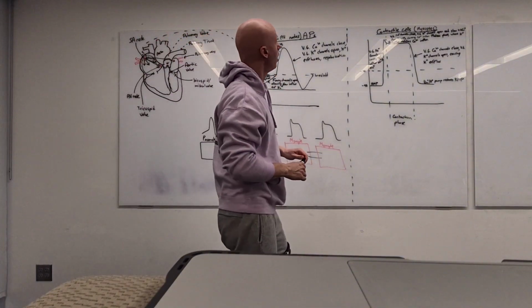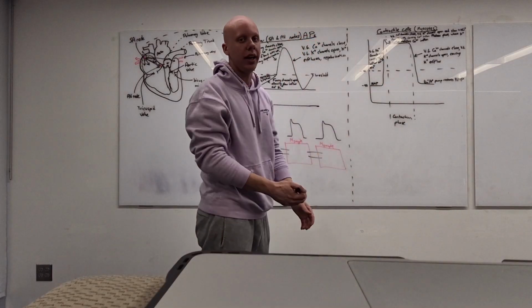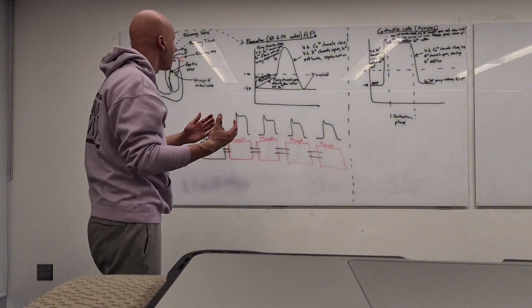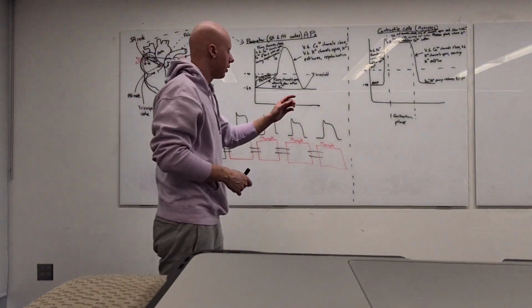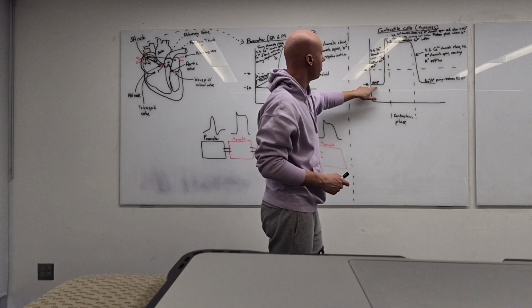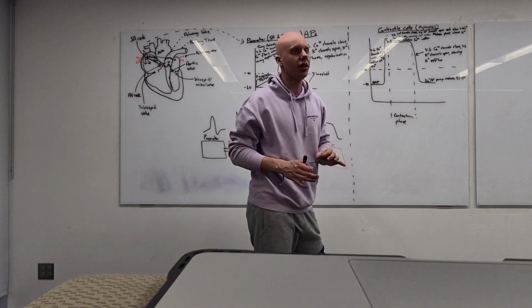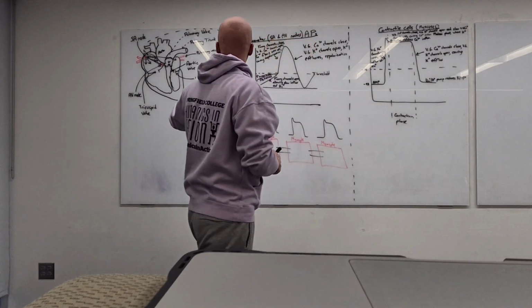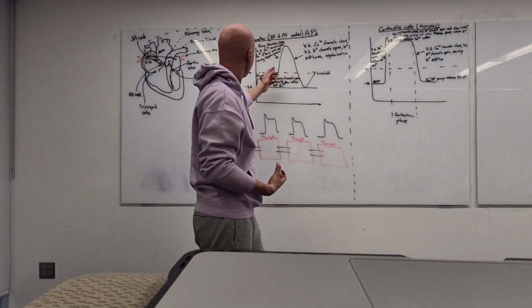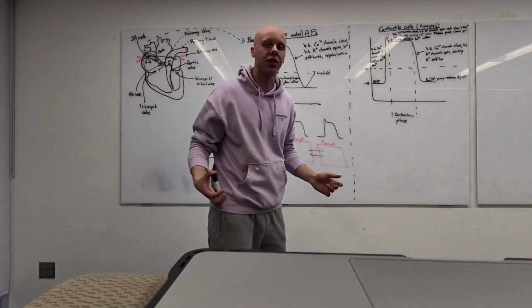Now we have the contractile cells, aka the myocytes, they're going to follow a different action potential pathway. And the way that these guys work is you have your resting membrane potential, because you need to wait for the signal to depolarize, whereas the SA node spontaneously does it.